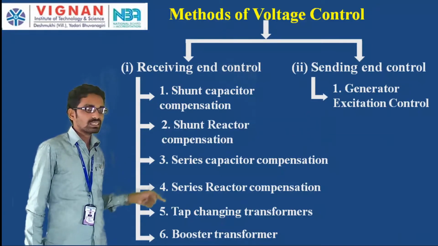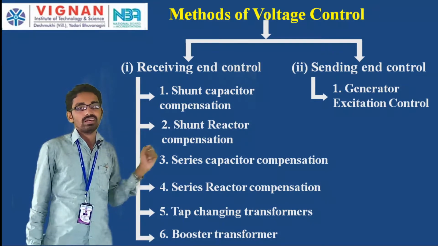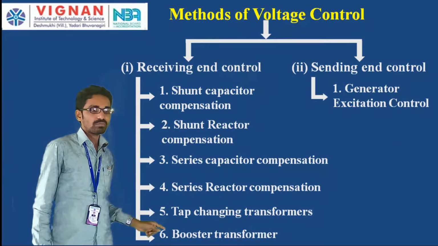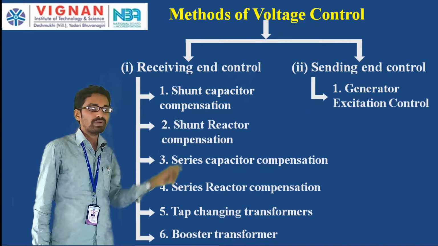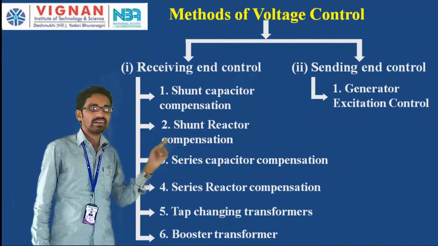So, these are the 6 methods for the receiving end voltage control. At the receiving end you are going to install this equipment in order to control the voltage at the receiving end.